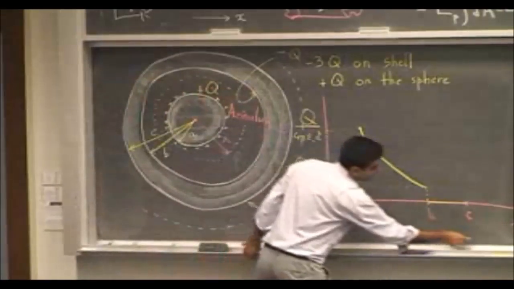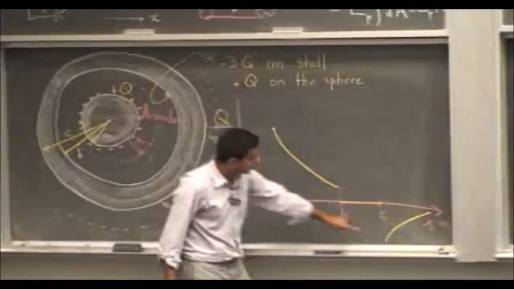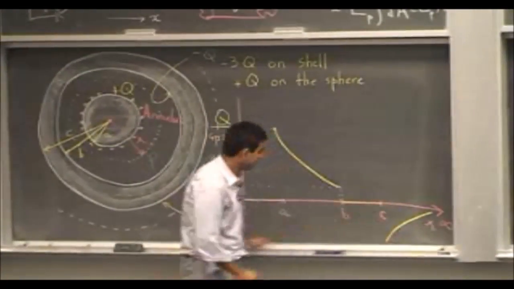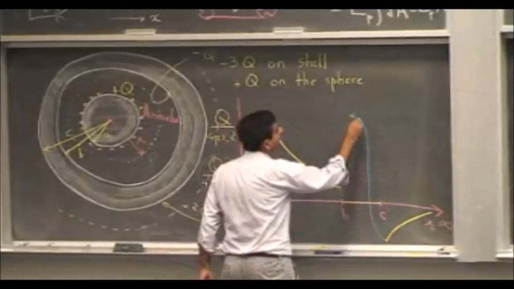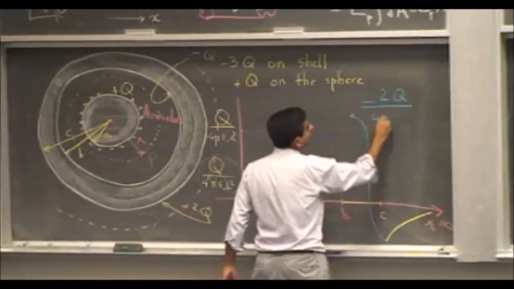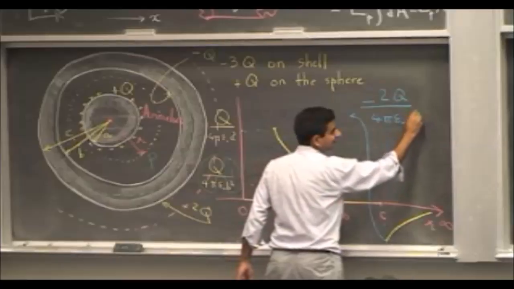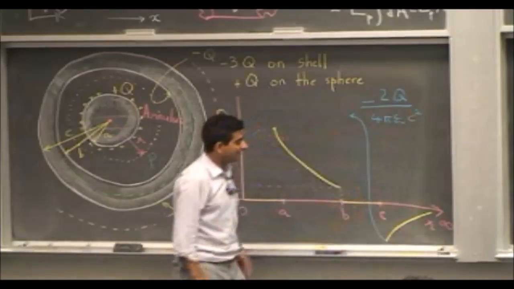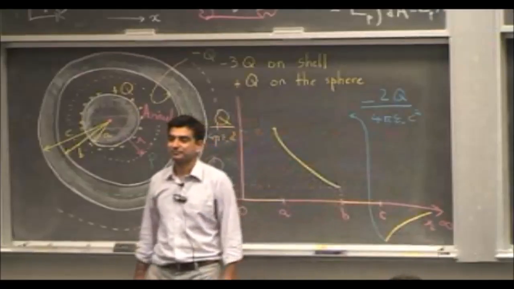So again there will be a discontinuity, and the electric field will start from a negative value. This negative value, which I would like to write here, is minus 2q over 4 pi epsilon naught c squared, and then it goes to 0 with 1 over r square relationship.